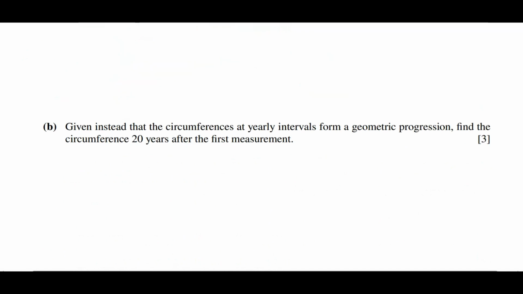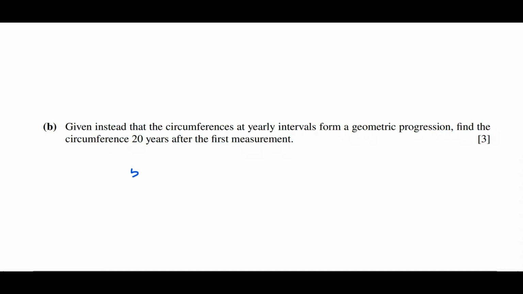The next part of the question states that the circumferences at yearly intervals form a geometric progression. Find the circumference 20 years after the first measurement. Here also it's given 20 years after the first measurement, that is the 21st year we are measuring again. You have to take n value as 21.